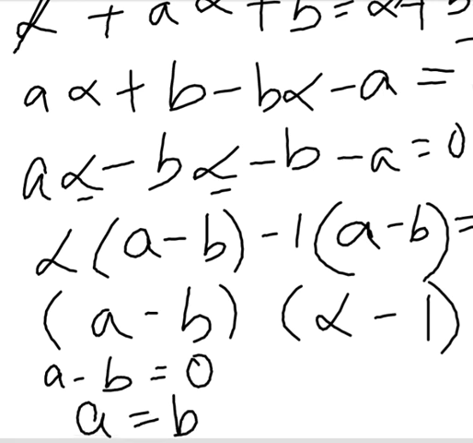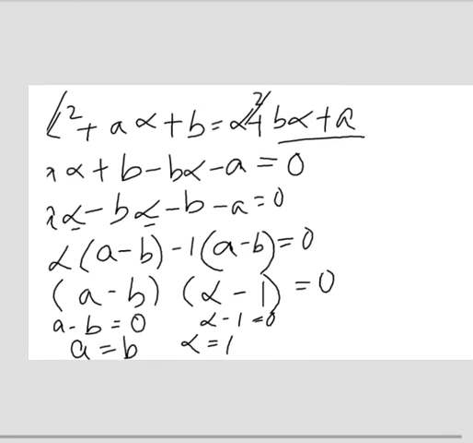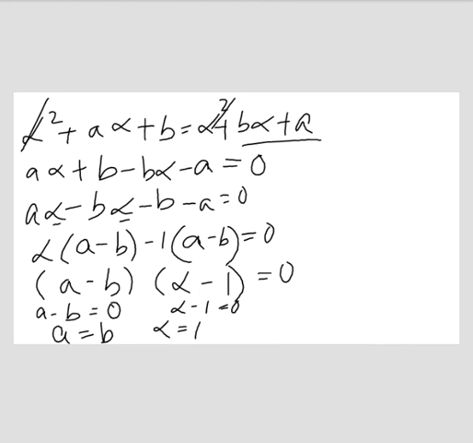So a is equal to b. And alpha minus 1 is equal to 0. Plus 1 goes to RHS and becomes 1. So alpha value is 1. Once again, I'll zoom out. Now you can see the full solution, right? So a is equal to b and alpha is equal to 1.